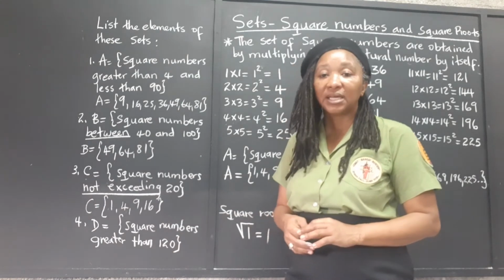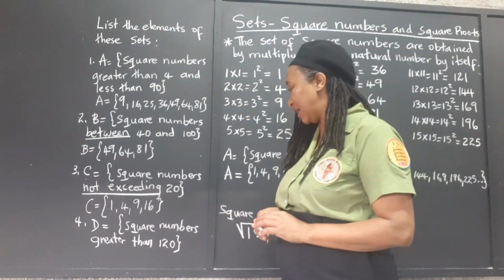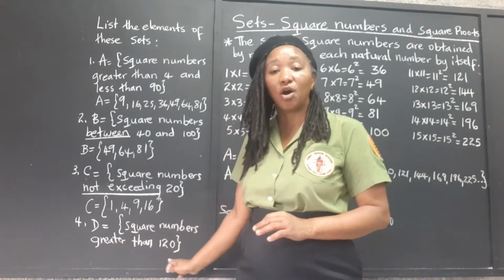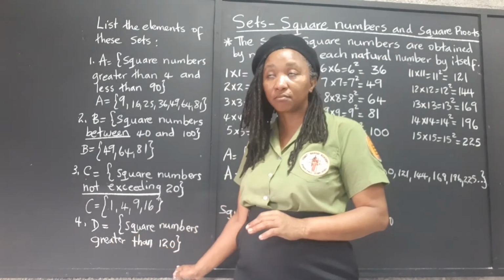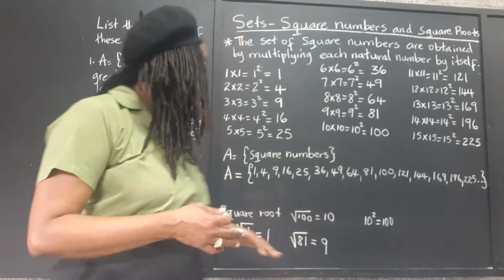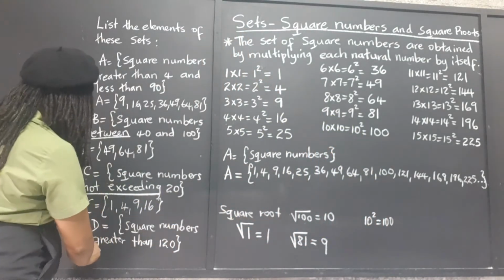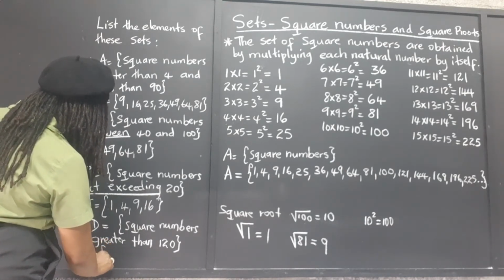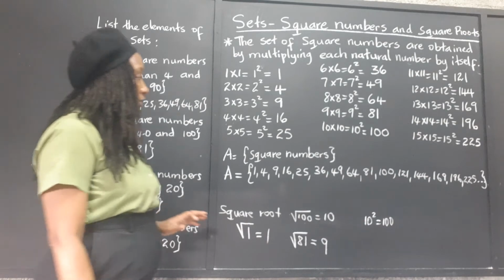Finally, set D is defined as the square numbers that are greater than 120. Bigger than 120, those square numbers. So we can use our list to help us because we had worked out some square numbers.